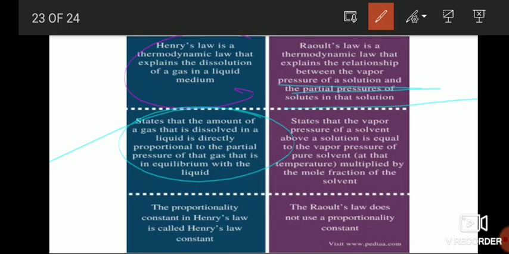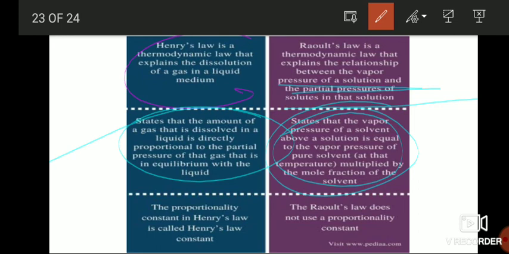Henry's law says the amount of gas dissolved in a liquid is directly proportional to the partial pressure of the gas that is in equilibrium with the liquid. Raoult's law says that the vapor pressure of a solvent above the solution is equal to the vapor pressure of the pure solvent multiplied by the mole fraction of the solvent.